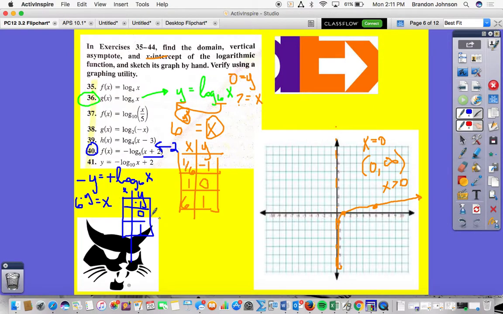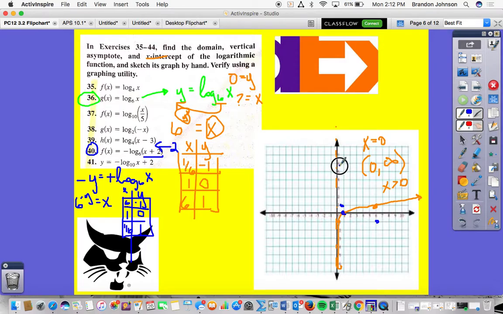So it's going to look a little different because when I plug negative 1 in, it'd be 6 to the first, which is 6. Plug 0 in, we'd still get 1. And when we plug in 1, it'd be 6 to the negative first, which is 1/6. So we have 1/6, comma 1, 1, 0, and we have 6, comma negative 1 right here.